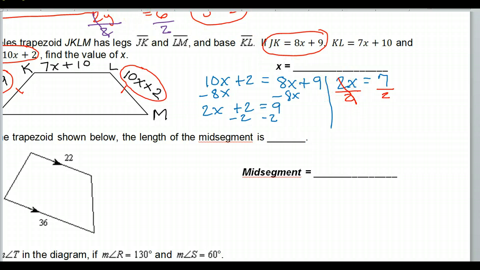Better double check it though, just to be sure. So that's going to give us x equals 7 over 2. Okay, which as a decimal is 3.5. So that's the answer. X is 7 over 2 or 3.5. Same thing.